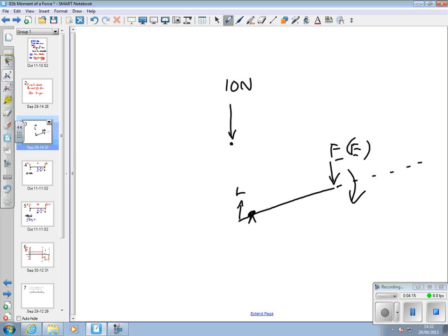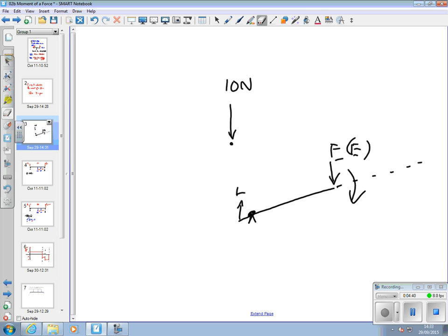As soon as we start to turn forces round pivots, either clockwise or anti-clockwise, in other words, the force is not acting at the pivot point like it was here, then we calculate something called the moment of the force. And that equals the size of the force times the distance from the pivot.